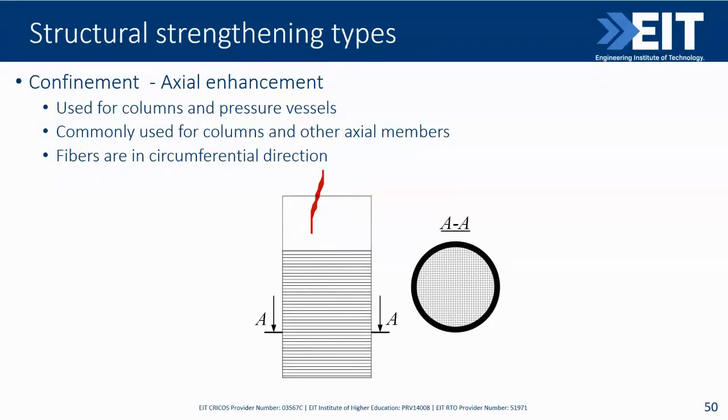If this is my compressed member, a column, axially compressed, we provide a confinement, which will restrict the expansion under axial compression and will improve the resistance. So the fibers in this case are oriented in the circumferential direction, actually winding filaments around the column.